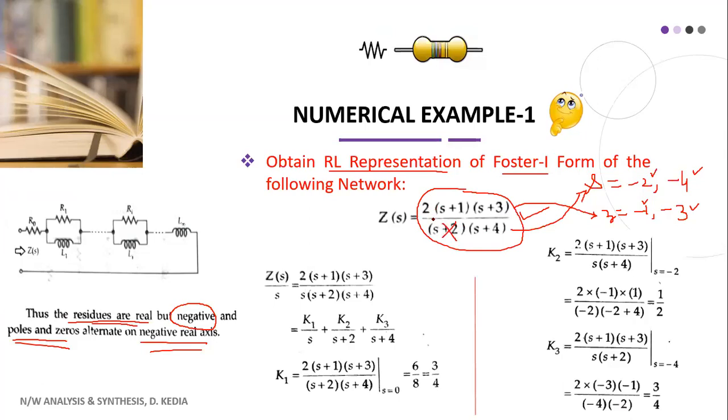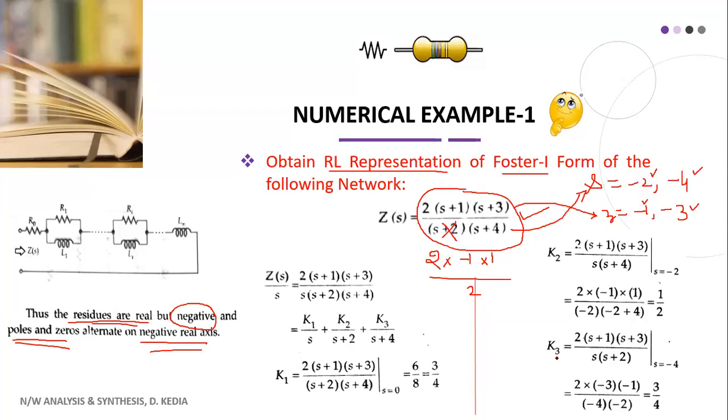Then see, 2 into (s plus 1), -2 plus 1 is -1. Okay, -2 plus 3, that is 1. Then -2 plus 4, that is 2. And what is the total value? It gives us negative. So that is the meaning of your negative residues. Fine. So I hope now all of you are clear about the negative residues.